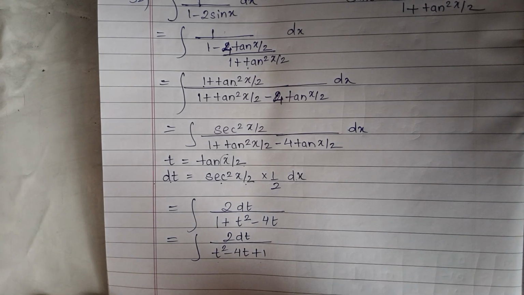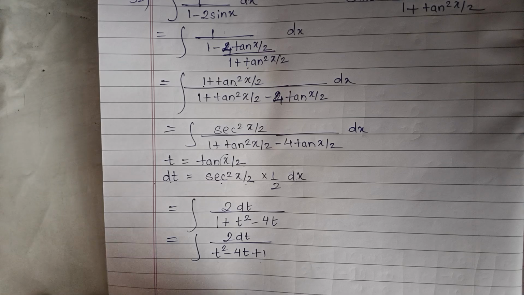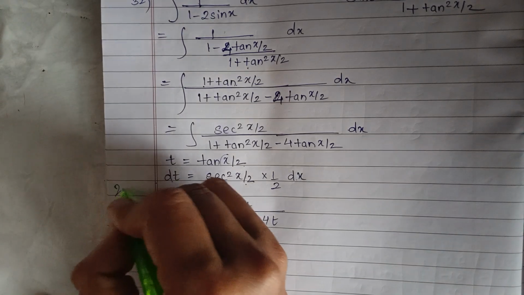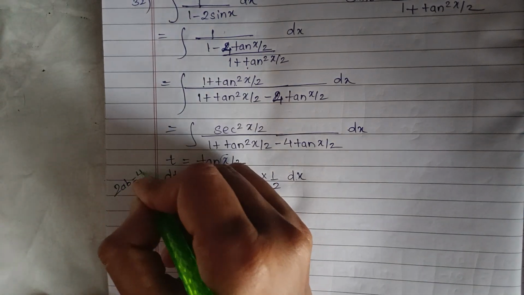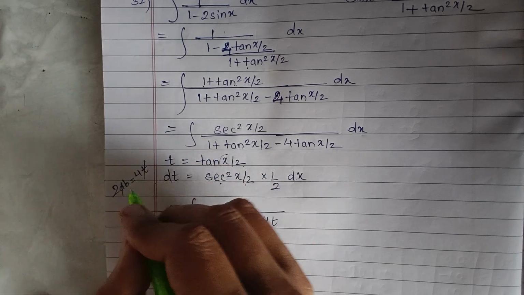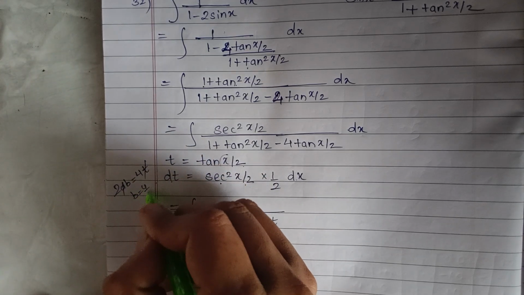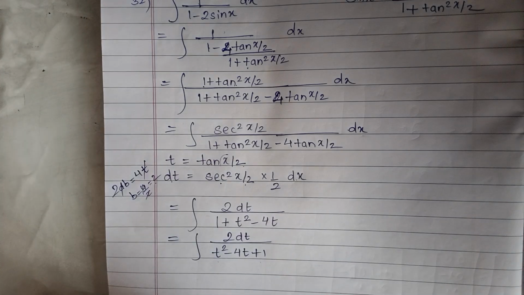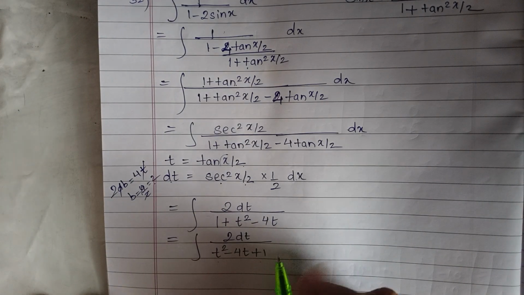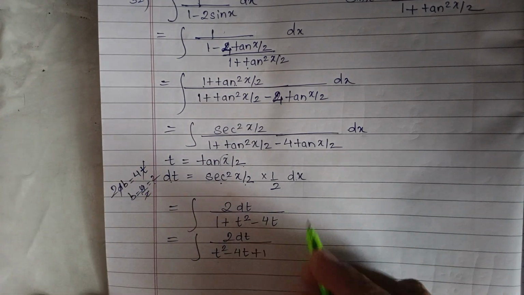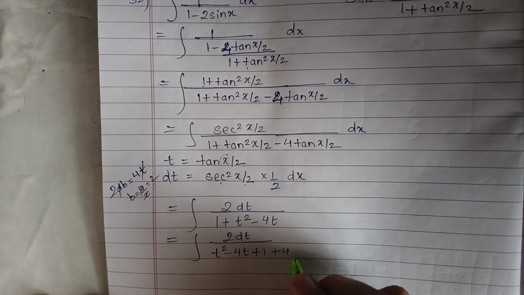So we have to make it in the form t plus a the whole square. Here our 2ab term is 4t, t is a, b is 4 by 2 which is 2. So we have to add and subtract 4, that is square of 2, correct? Plus 4 minus 4.